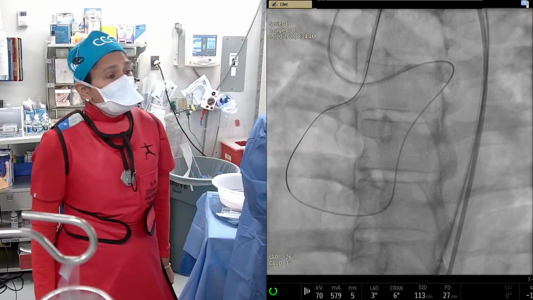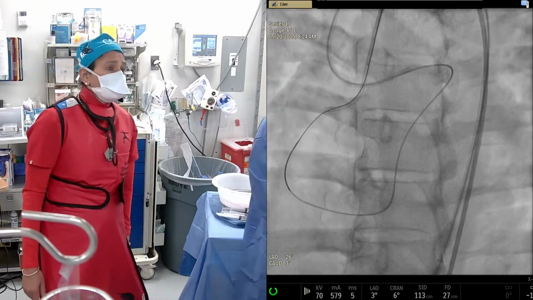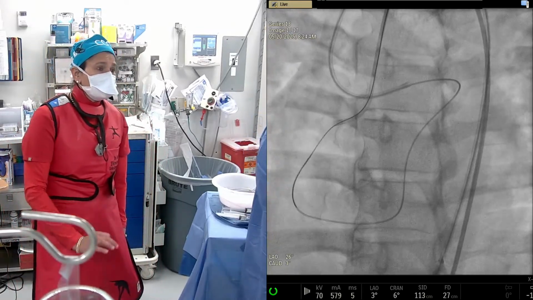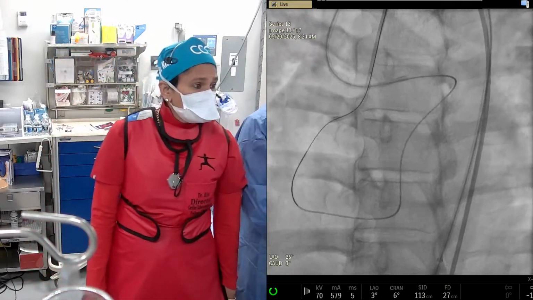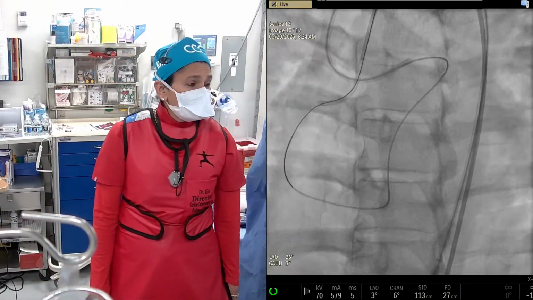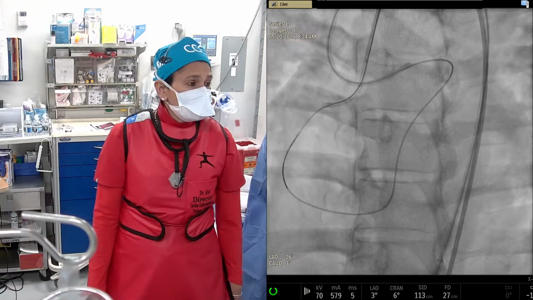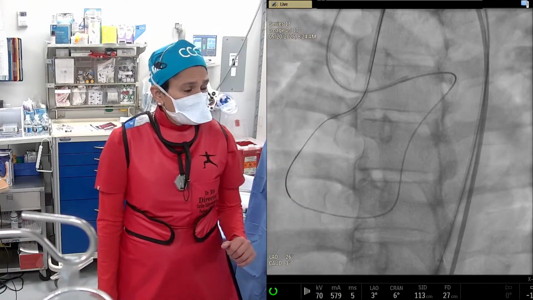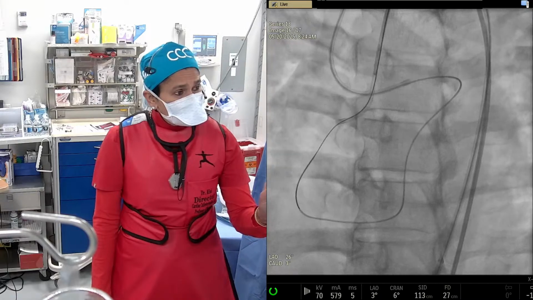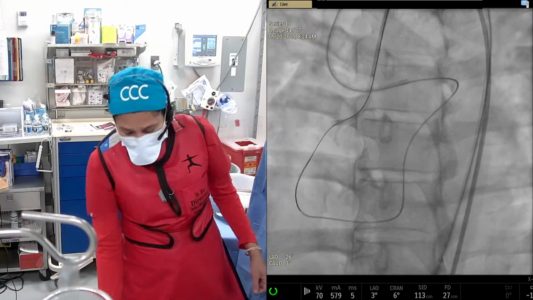So you see the 2.0 balloon is in the RCA. You go just inside the guide, anchor the wire. And once the wire is anchored, again, nice back and forth movement, corkscrew movement, and get the Corsair through the CTO into the guide.